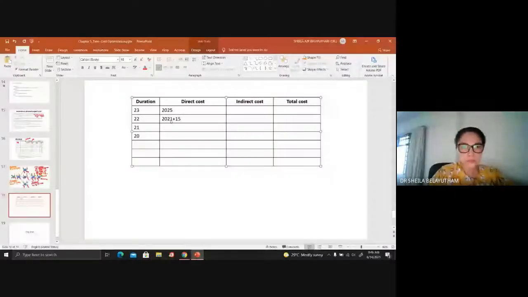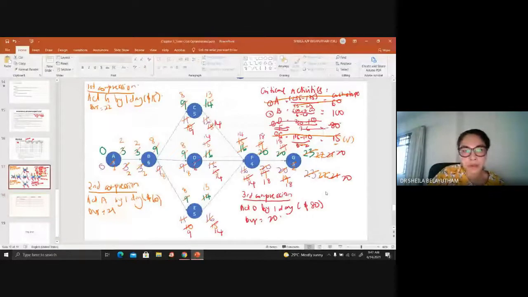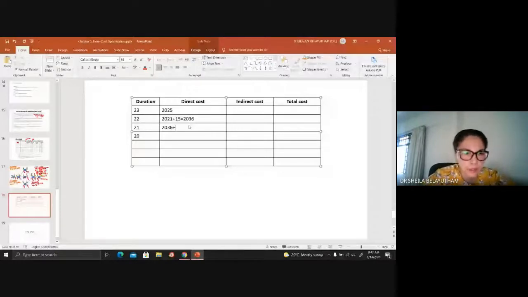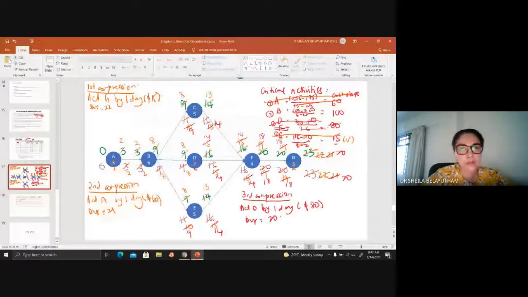Okay, and then from 22 days duration, you cut it down to 21 days. So for 21 days, activity A, an additional 30 ringgit. How much was it earlier? 60. Okay, 60.